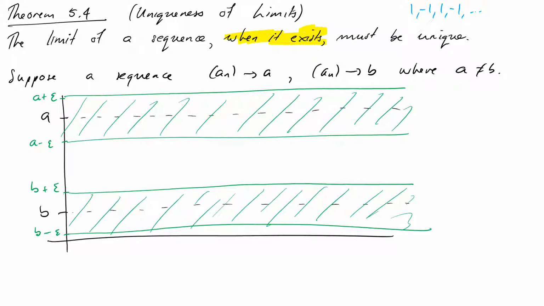So if the sequence converged to both of these, then there would be a number n, so that beyond this n, I was in both of these boxes at the same time. Now you can see that's not possible because they don't overlap.